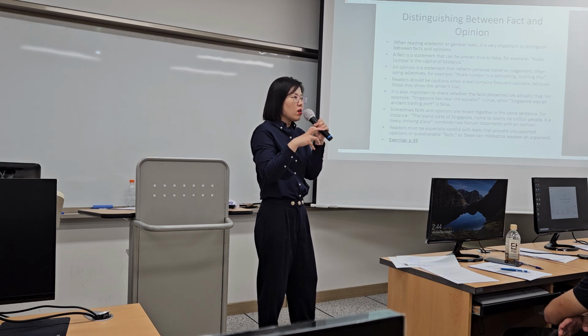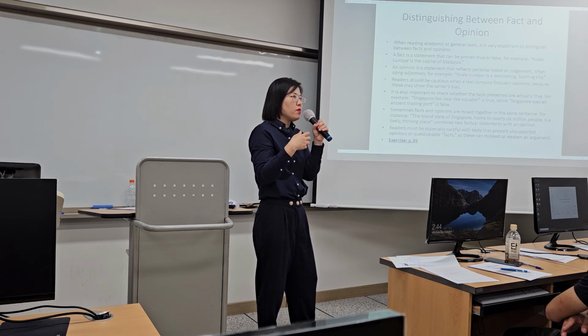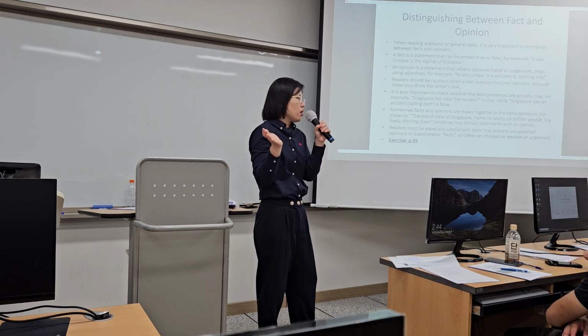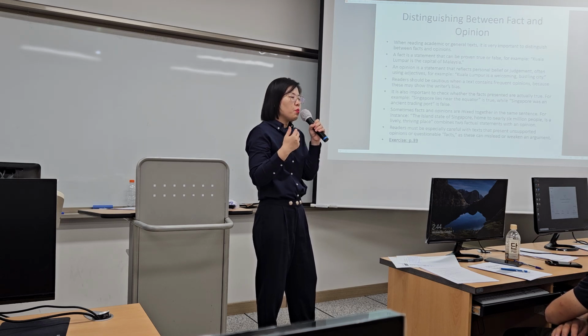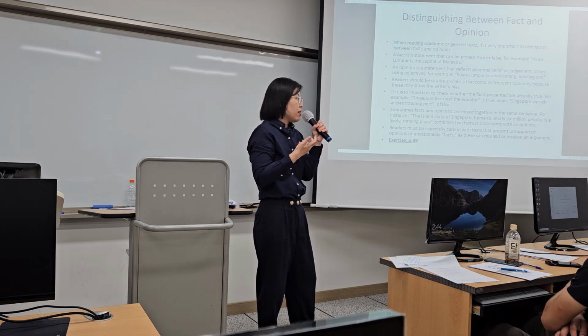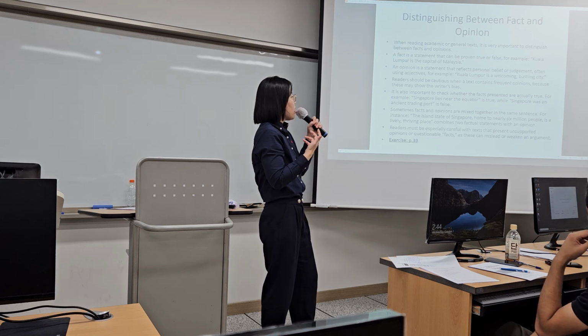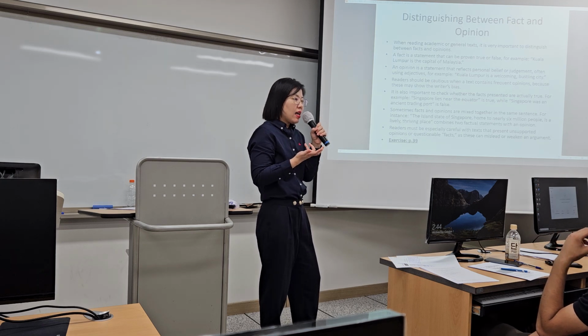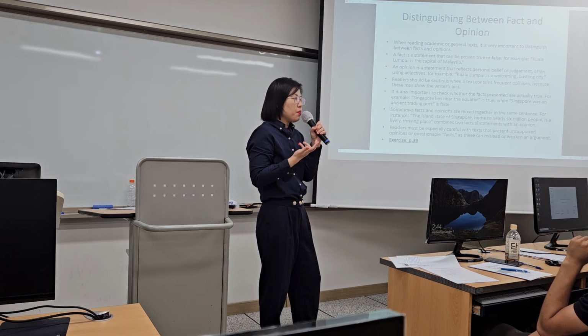So facts are defined as statements which can be proven either true or false, right? Whereas opinions are more like beliefs or emotions. It's something that you can't say is true or not, and in a lot of cases, opinions include adjectives. If you say Singapore is a city, then it's a statement which can be proven either true or false, so it's a fact.